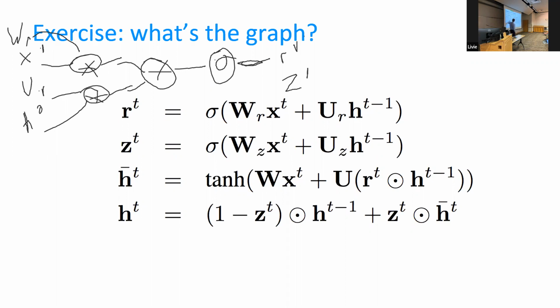Yeah, so should we start with H bar t or H2? What do you think? Yeah, H bar t because H_t depends on H bar t. Okay. And it's a choice.